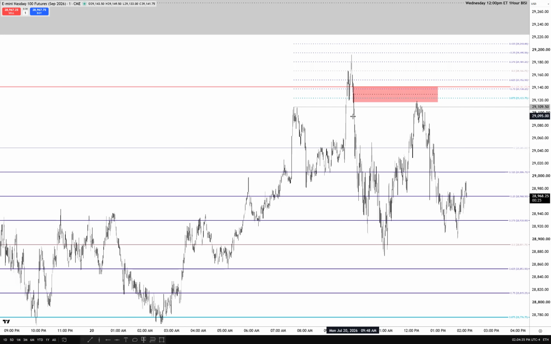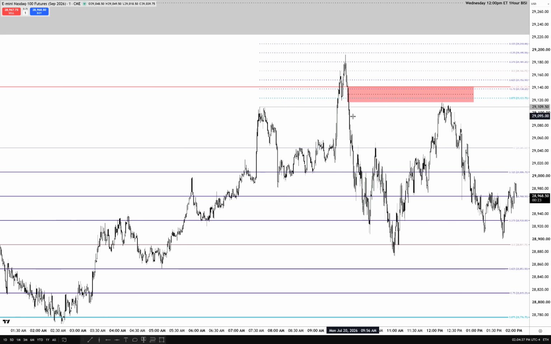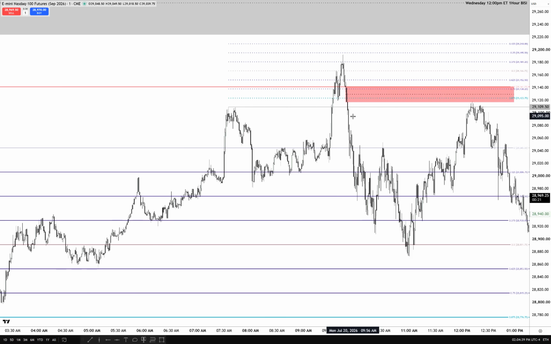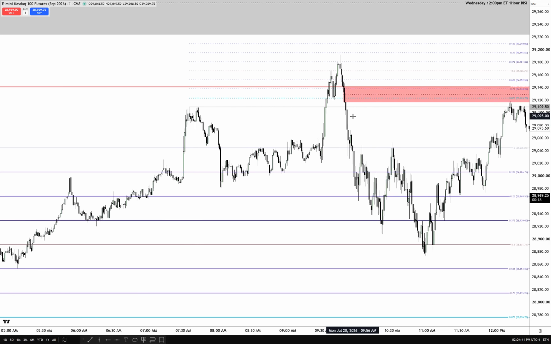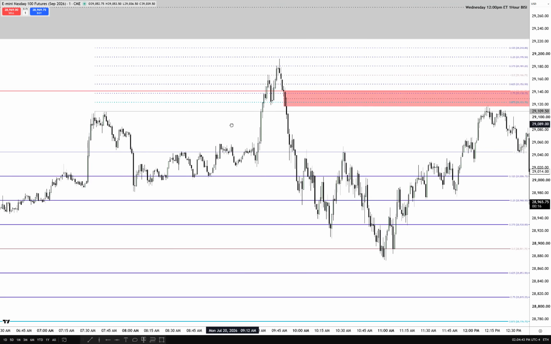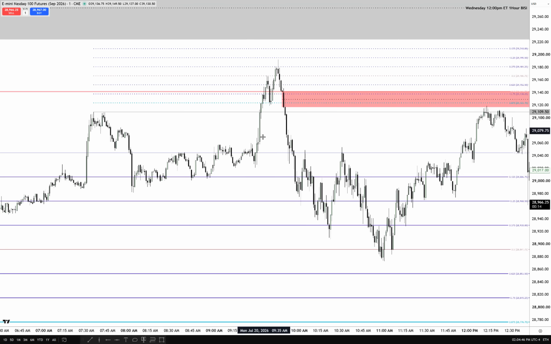When we opened at 9:30, right there, we ran above relative equal highs and towards that buy side imbalance, sell side inefficiency on the hourly chart.